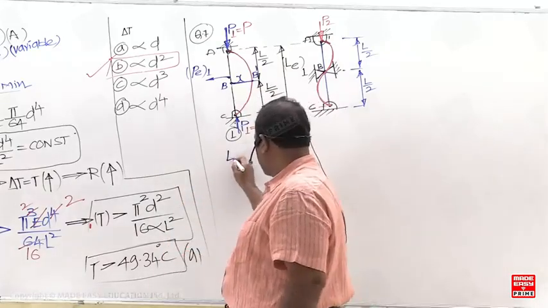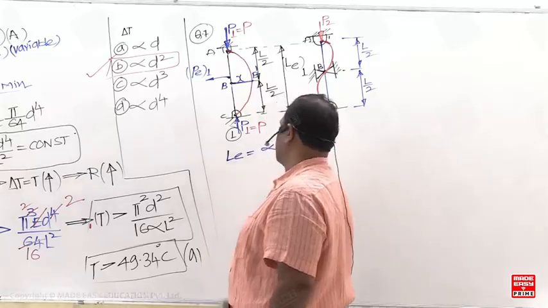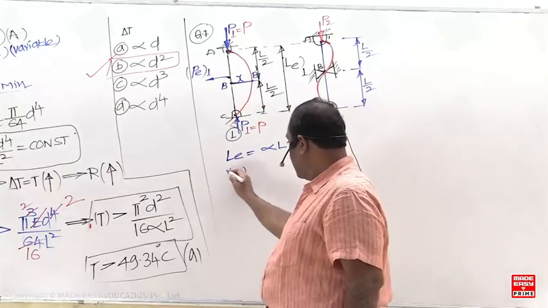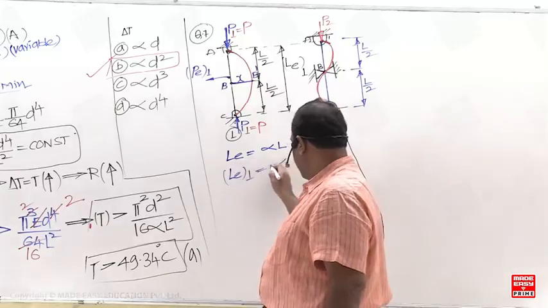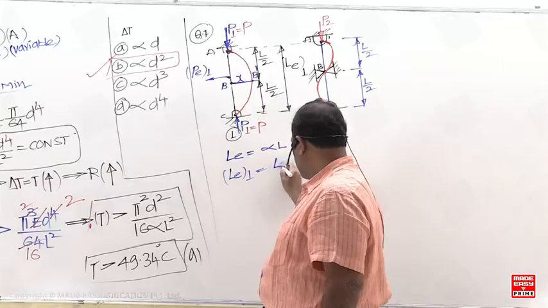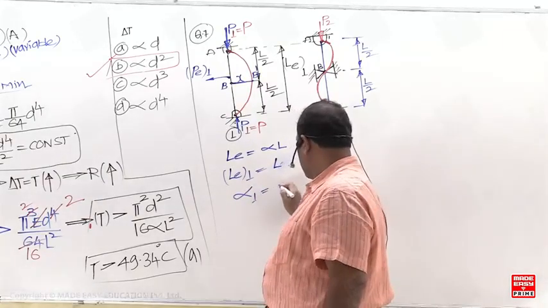So buckling load, what is written here? Effective length is equal to alpha into L. So here L_e1 is equal to L, which means alpha 1 is 1.